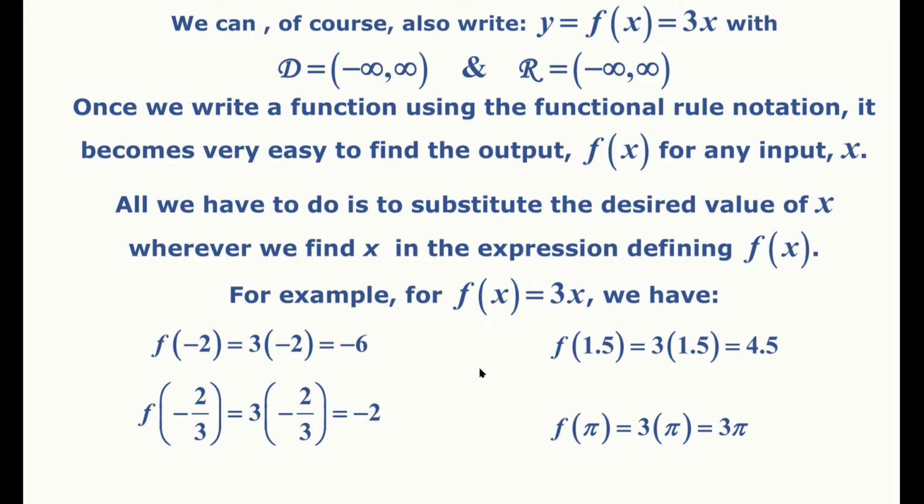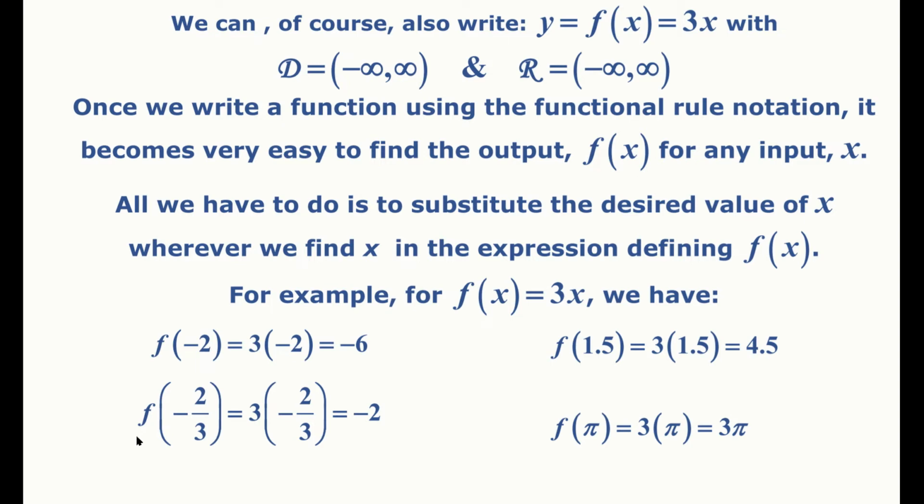Now, we can do what's called a functional evaluation using the functional notation. Notice it's very simple, because if we want to know what is the output of f when the input is -2, all we have to do is plug in -2 instead of x in the definition of the function. So we get 3 times -2, which is -6.